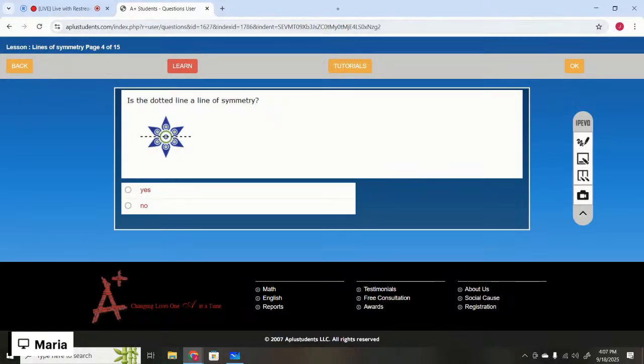Is the dotted line a line of symmetry? Yes, it is. Very good. Option number one is the correct option. It is a line of symmetry.